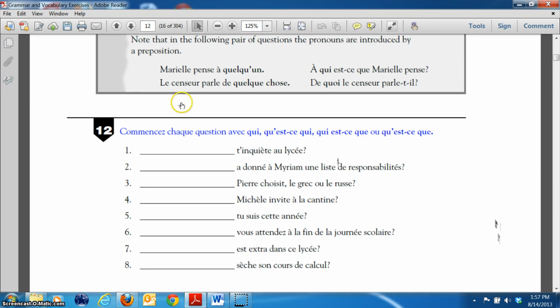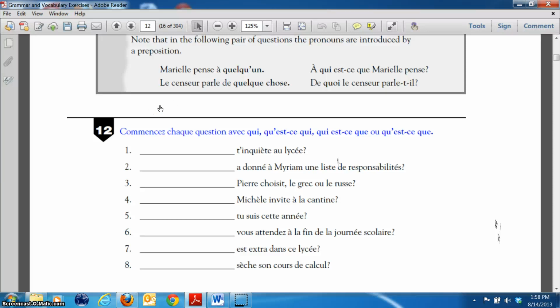All right, so inquiète, worries. Something worries you at school. Usually it's some sort of a problem or other. So a person could worry you: qui t'inquiète, who worries you? That is a possibility.